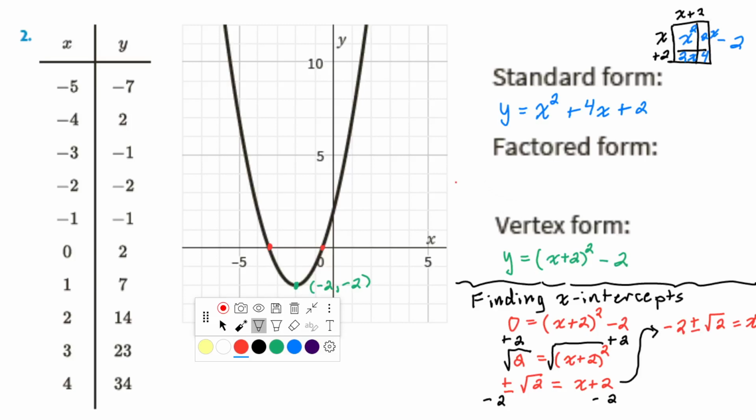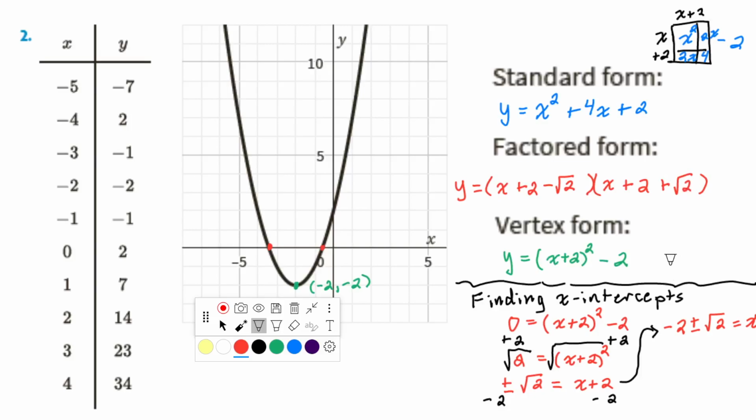Now remember, when we write factored form, we're going to have the x in each factor, but then we do the opposite of what the x-intercepts are. Since this is a minus 2, it will be plus 2. The opposite of plus square root of 2 is minus square root of 2. And for the other factor, we're going to have x plus 2 again, and the opposite of minus square root of 2 will be plus square root of 2.